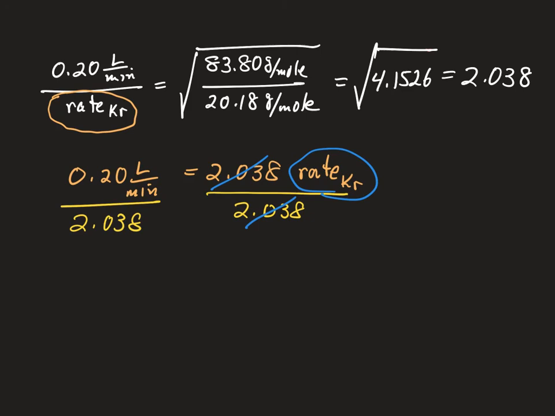And so we end up then with 0.0981 liters per minute, being equal to the rate at which krypton escapes.